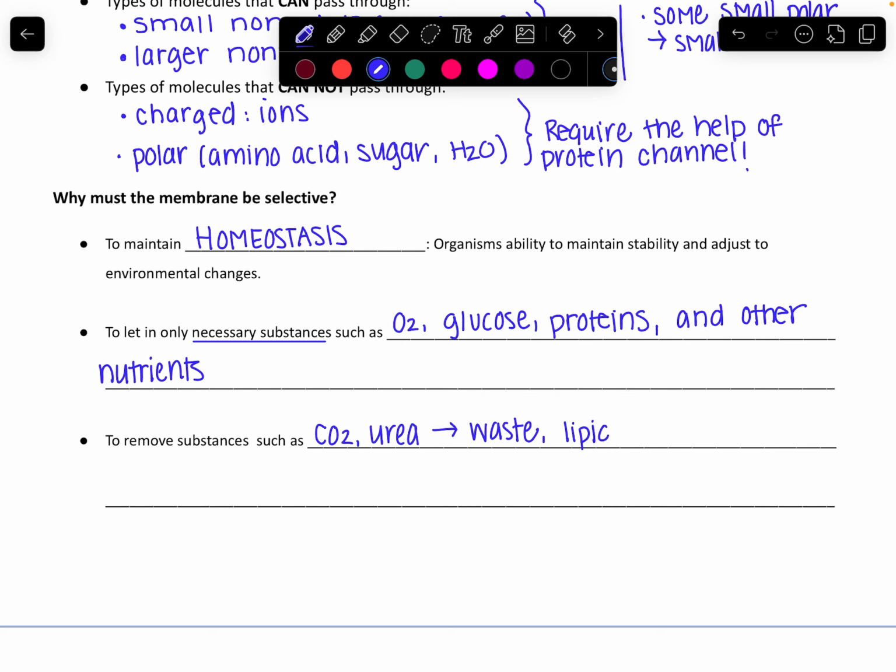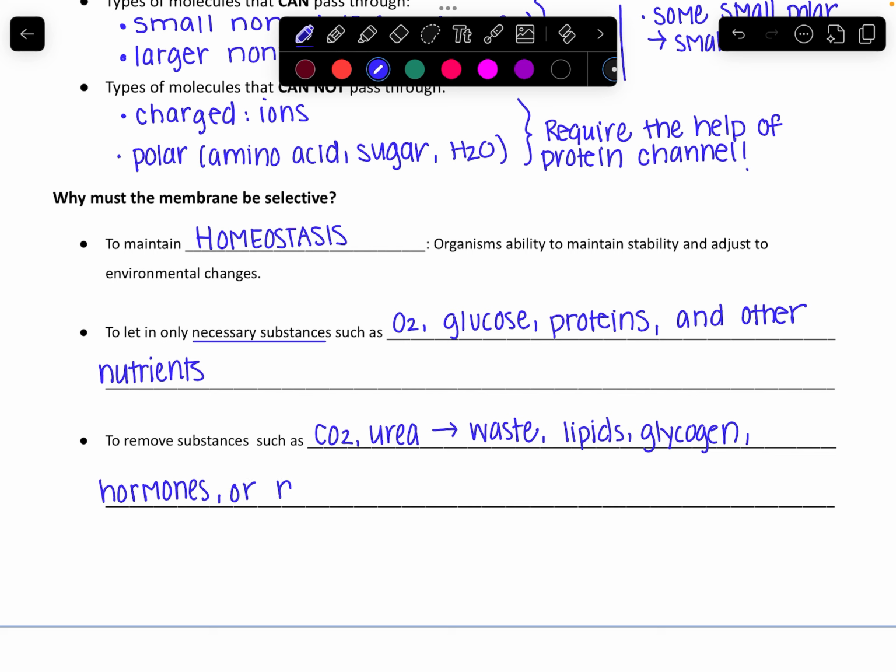Maybe we're making lipids that need to be sent elsewhere. Maybe it's our liver excreting glycogen, which is going to be broken down by our cells to make glucose. Hormones would be a big example. They are long-distance signaling molecules. So when your body produces estrogen or testosterone or cortisol, it needs to send it throughout the body.